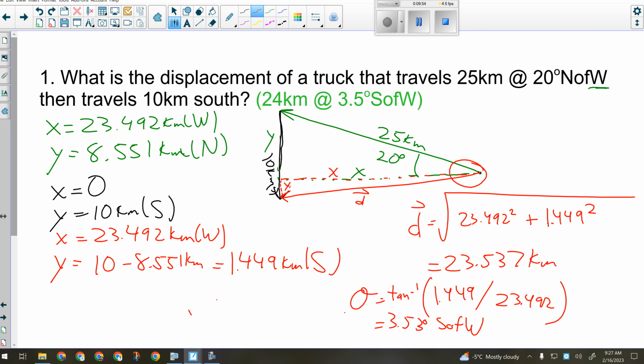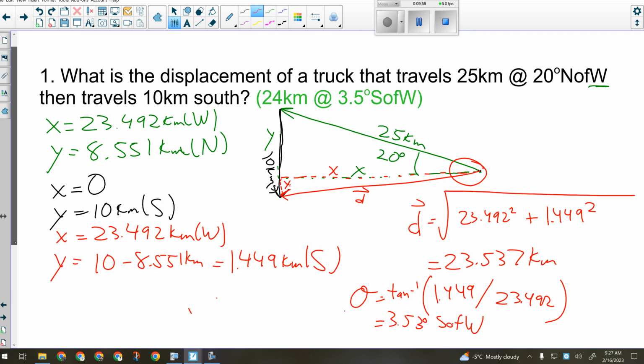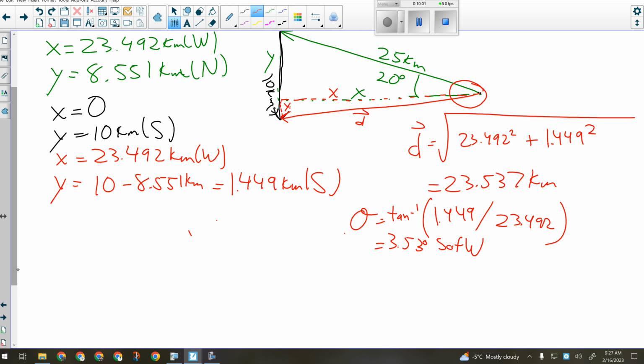All right, how many significant digits did my answer have? Just 2. All right, so now I've got to look at those numbers I calculated. It's going to be 24 kilometers at 3.5 degrees south of west, okay? Or if I had done this the other way, drawn the triangle the other way, I would have had 87 degrees west of south.